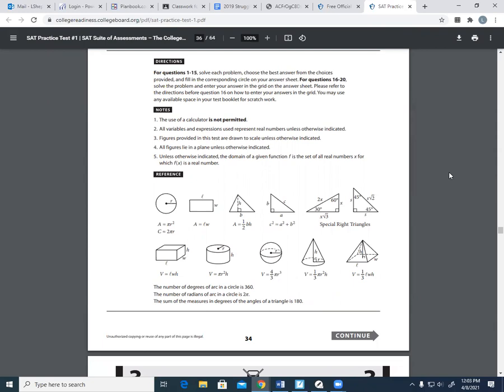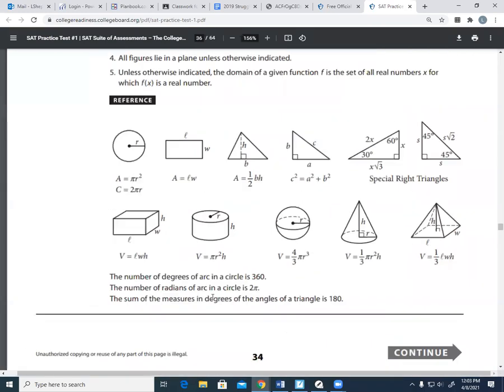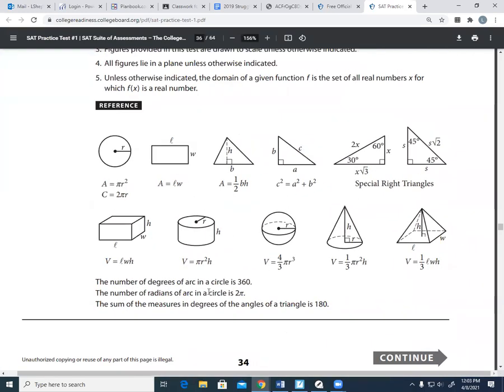The other thing I want to draw your attention to while I have this out is this part down here. You guys have likely never heard the word radian before, and you've likely never used it in a setting that the SAT is going to ask you to use it in, if they ask you to use it at all. It gives you two different things related to a circle.